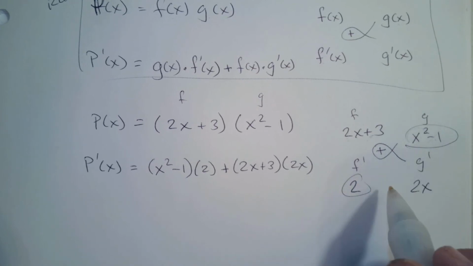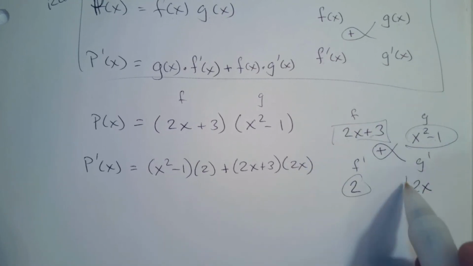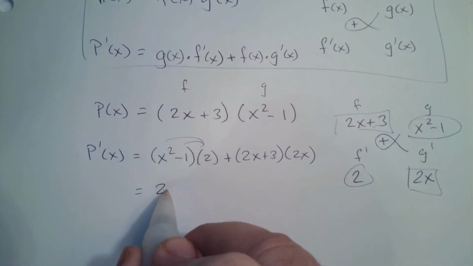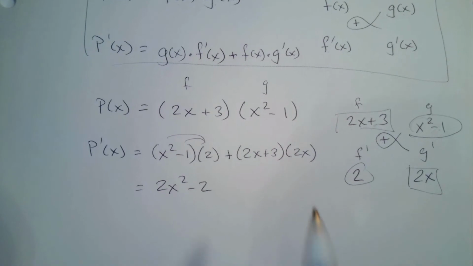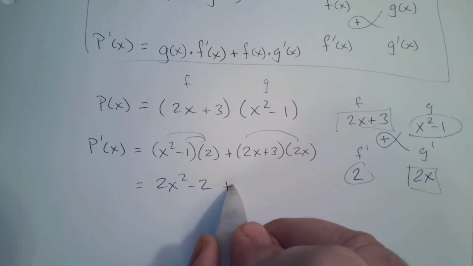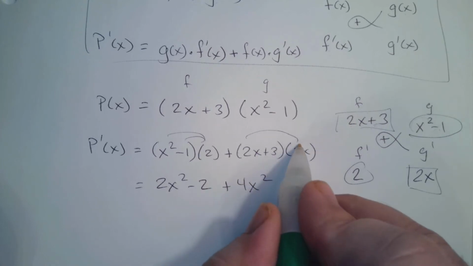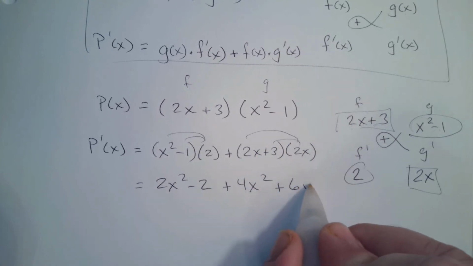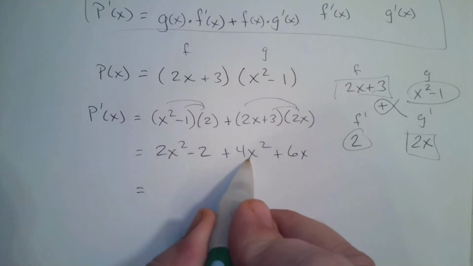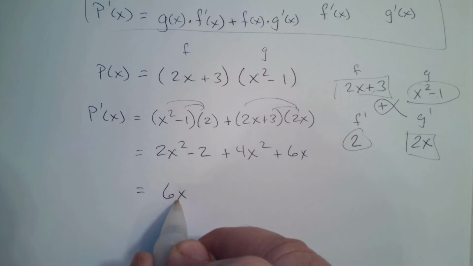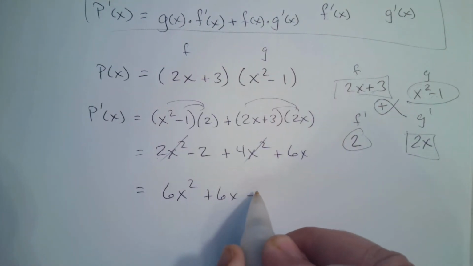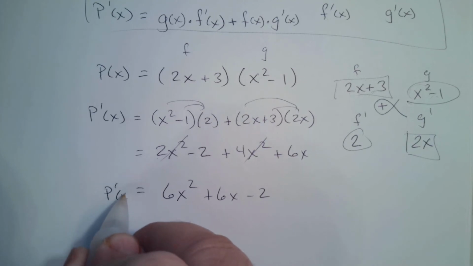This times this, plus this times this. Now simplify. 2x squared minus 2 plus 4x squared plus 6x. Combine like terms. 2 plus 4 is 6x squared plus 6x minus 2. And there's your derivative.